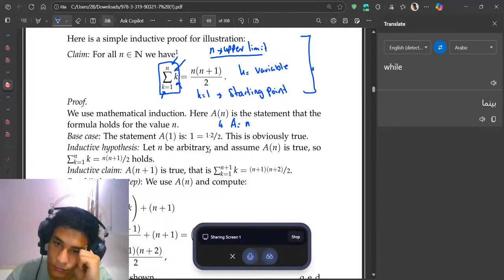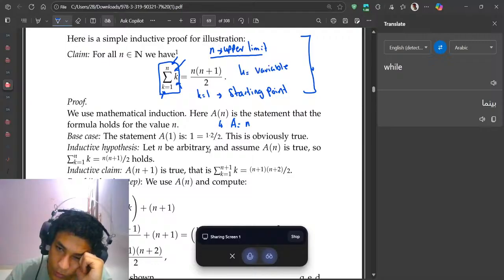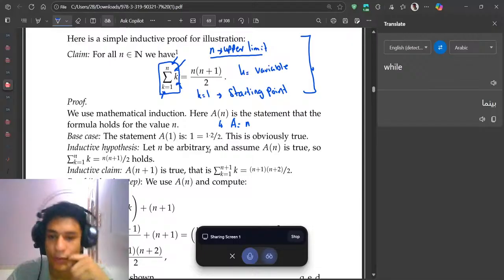Is this correct? Yes, that's correct. The statement says that the sum of k from 1 to n equals n times n plus 1 over 2. So this is the inductive hypothesis.